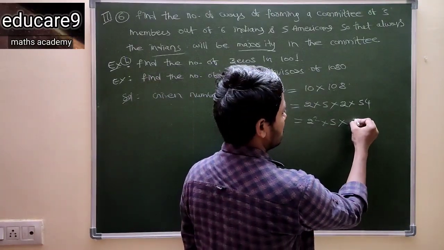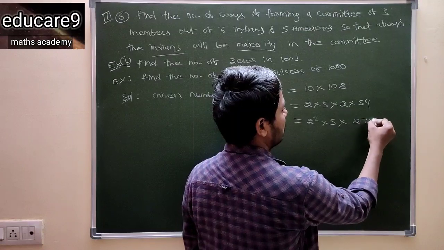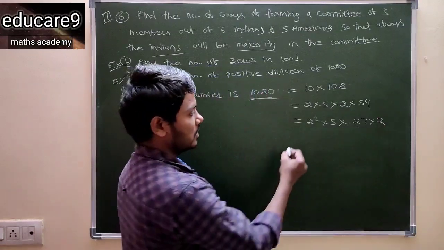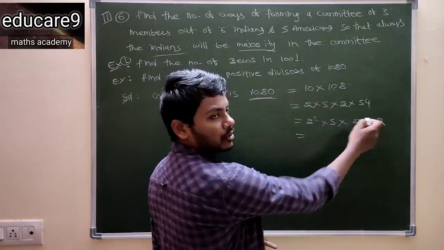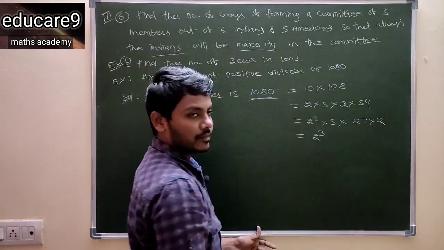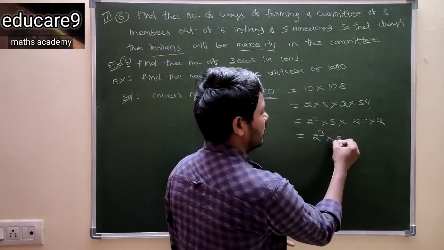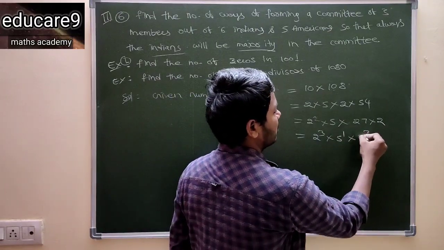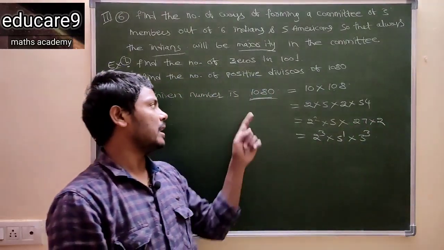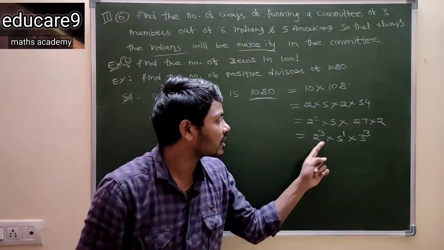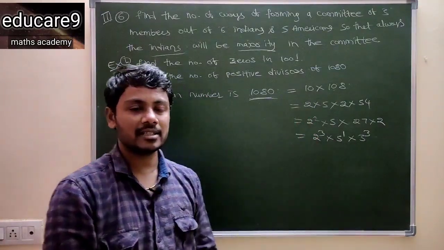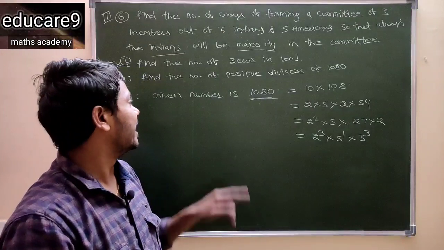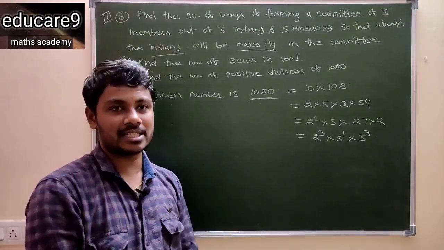That is 27 into 2. This is 2 square into 2, you will get 2 power 3. Next 5 power 1. Next 27 can be written as 3 power 3. So clearly 1080 is the product of the prime factors. Now you need to find the number of divisors.